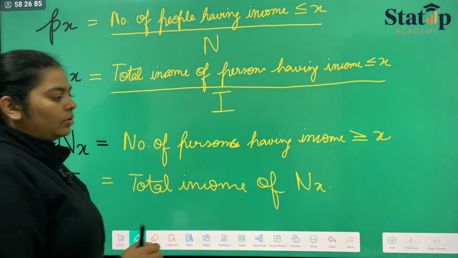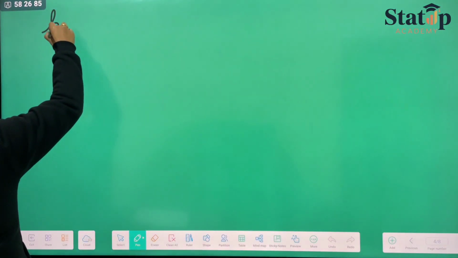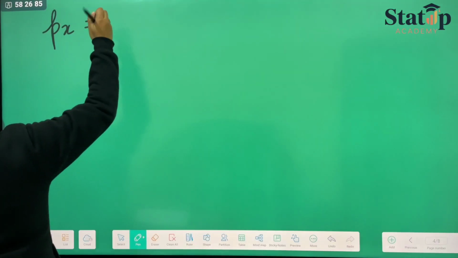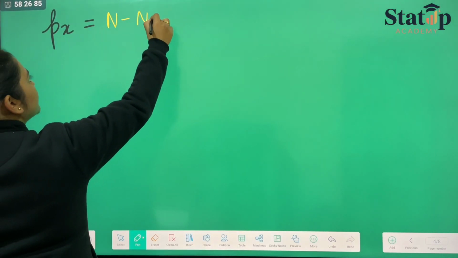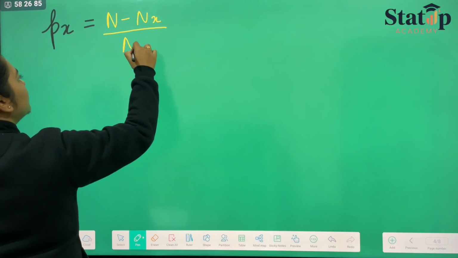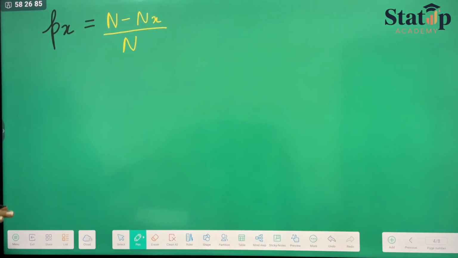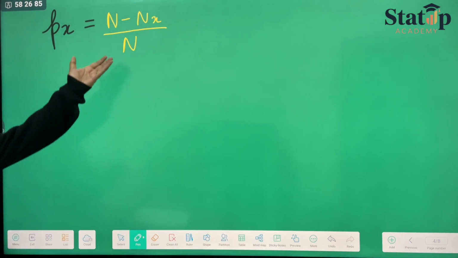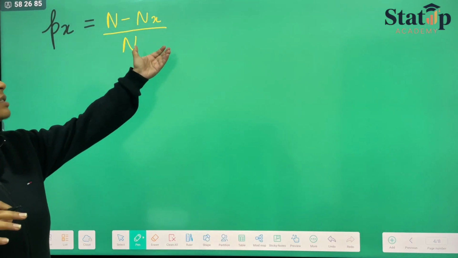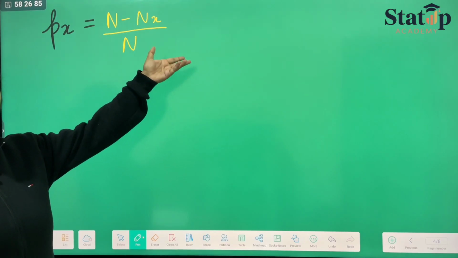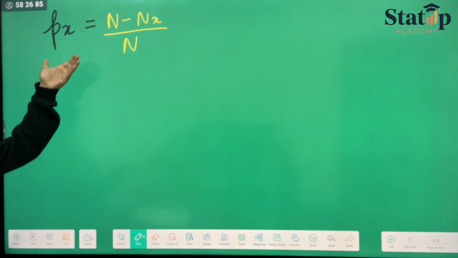Now we can write Px as equal to capital N minus Nx upon capital N. Px is the number of individuals having income less than or equal to x. So from total people, we subtract the ones having income more than or equal to x, and we get the people having income less than or equal to x.